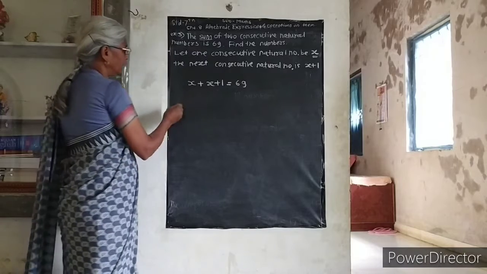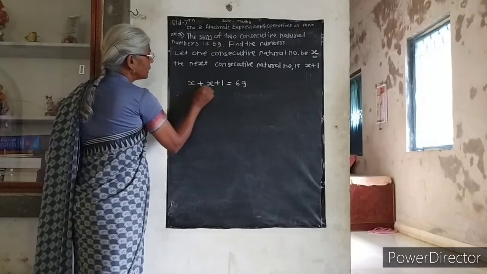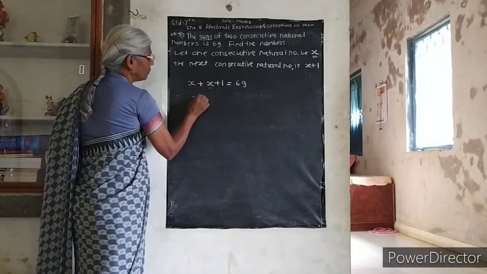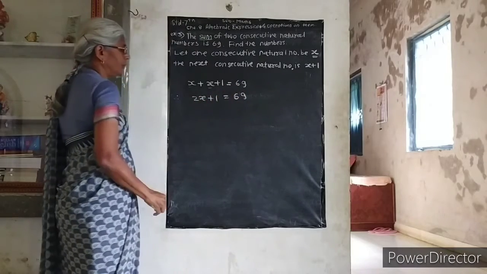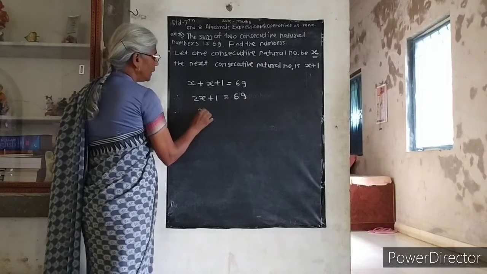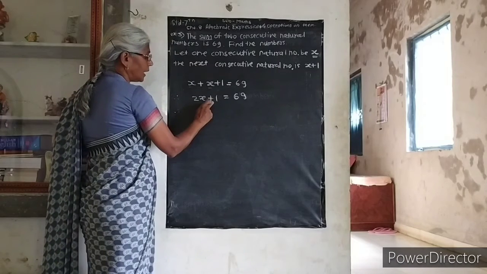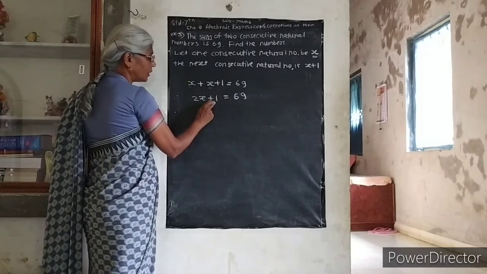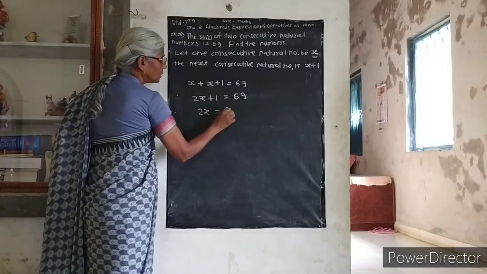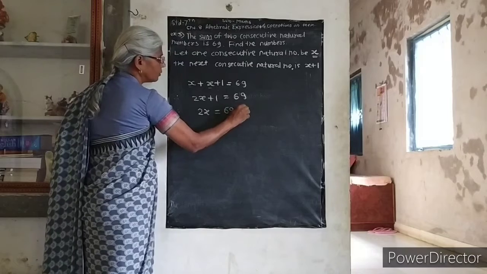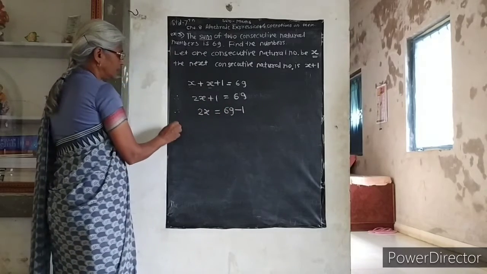Then we solve the equation. Therefore, x plus x are similar terms. 2x plus 1 is equal to 69. Therefore, 2x, we transfer the plus 1 from LHS to RHS, is equal to 69 minus 1. The sign gets changed.